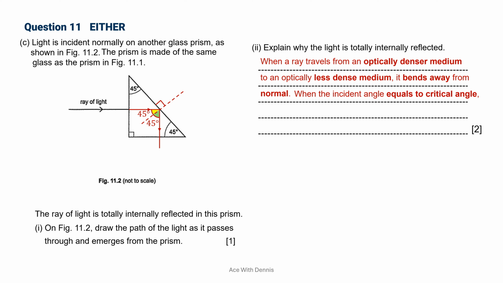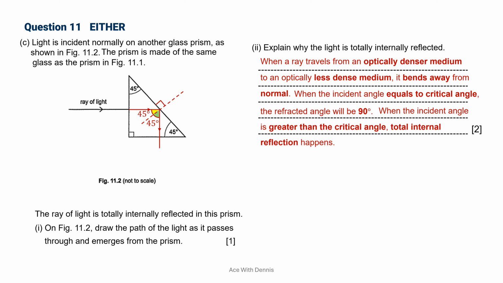When the incident angle equals the critical angle, the refracted angle will be 90 degrees. When the incident angle is greater than the critical angle, total internal reflection happens. Okay, so this is the answer. I have bolded the important keywords that you should write in your answer.